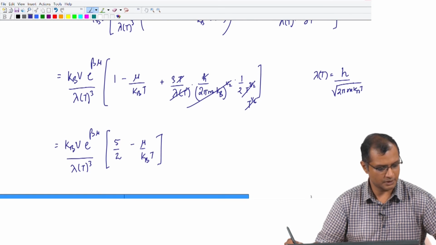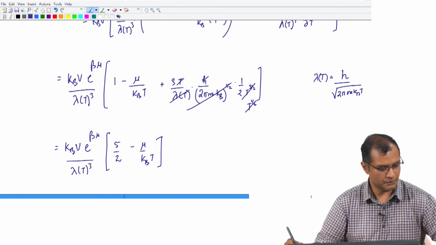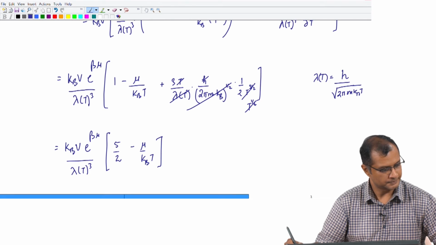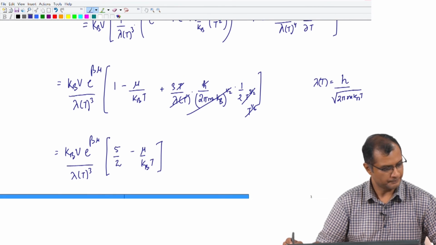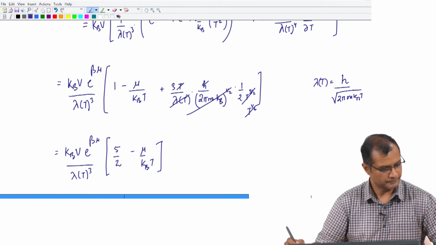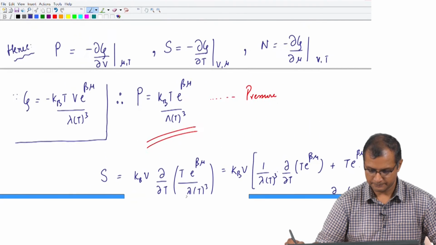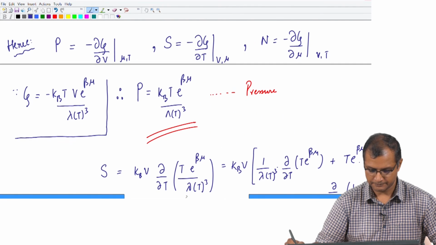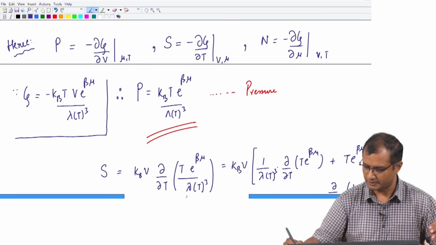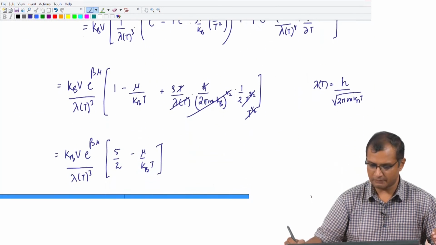Okay. So, now let us compute the pressure. We have already computed the pressure. So, let us compute the number of particles.